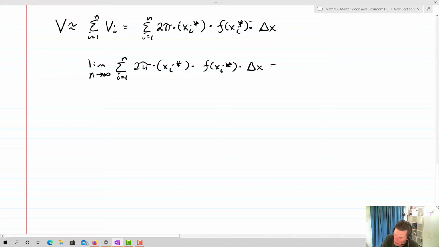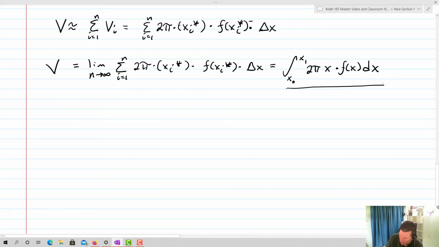So this ends up equaling the integral from x0 to x1, whatever our interval is, of 2 pi x times f of x dx. That is the formula for the volume, V. That's your formula for finding the volume using cylindrical shells when revolving around the y-axis.